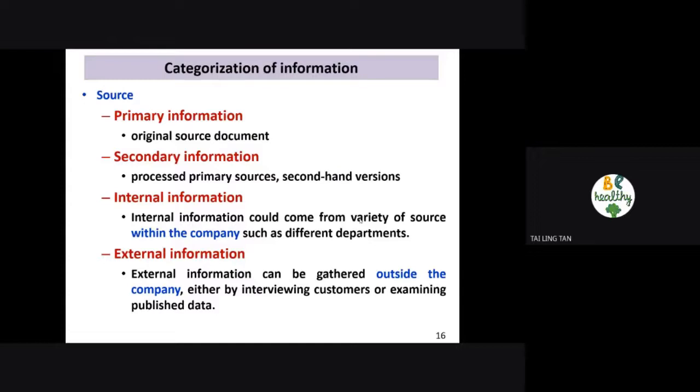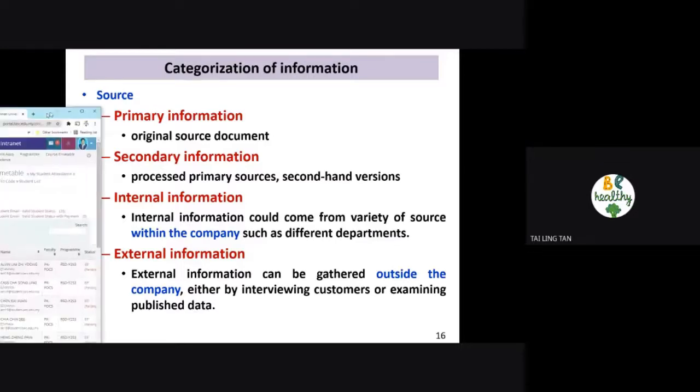Okay, next. Chin Si. Okay, just now Kai Xuan said through the intranet, I can get some info about students, but the one that I get is something like this.